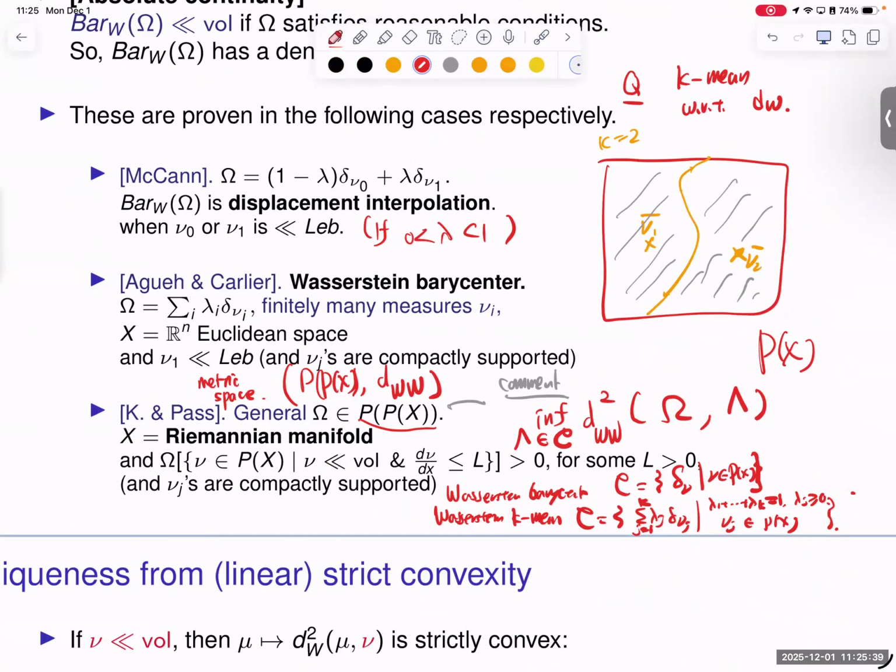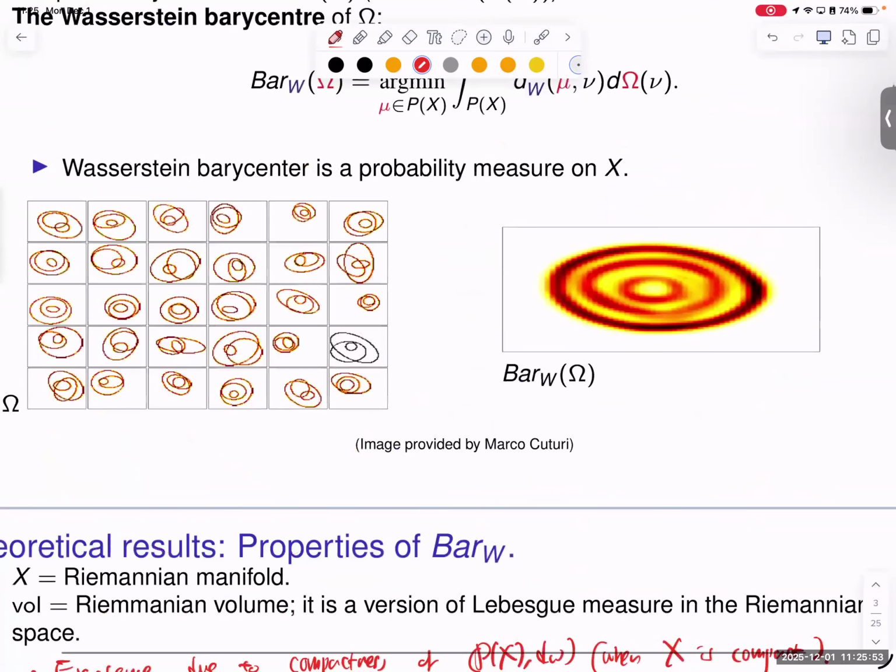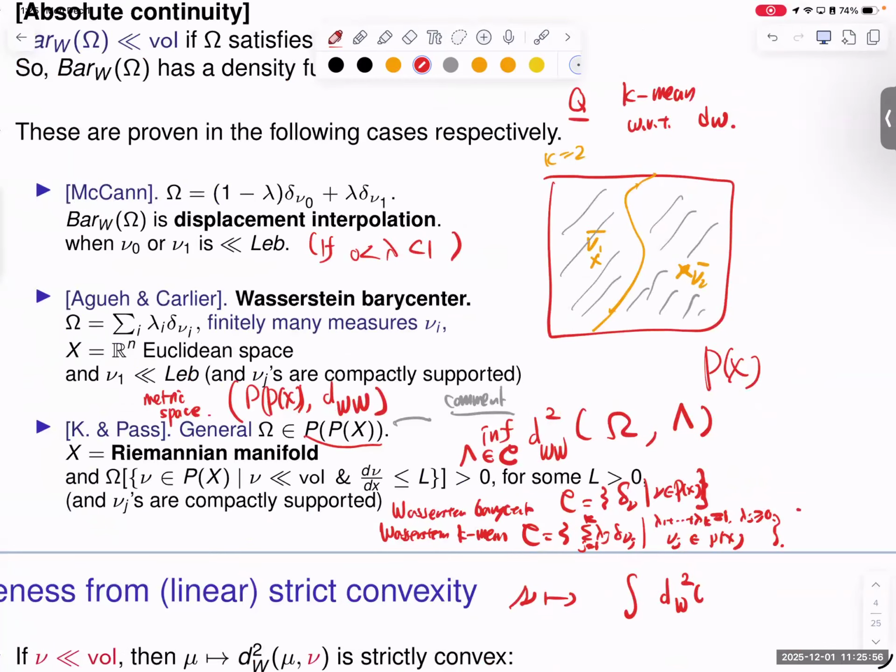The functional we want to minimize is this Wasserstein distance square from mu to nu, integrated with respect to omega nu on the space of probability measures. So we are minimizing this function, right? That is the Wasserstein barycenter.